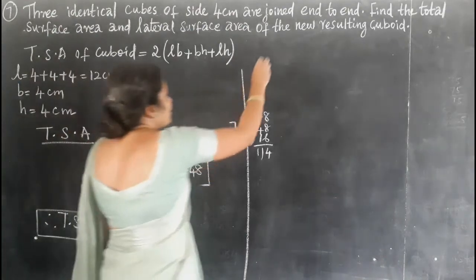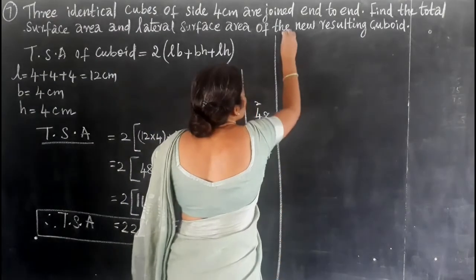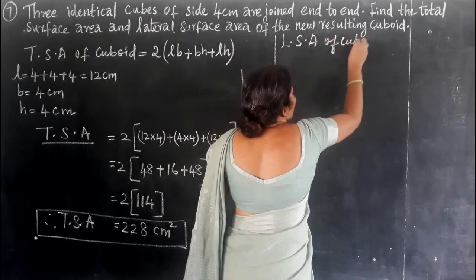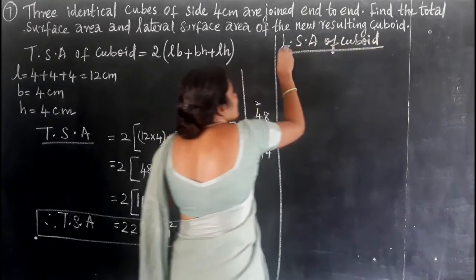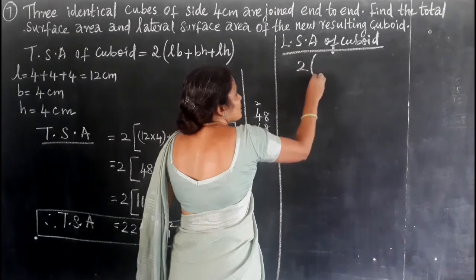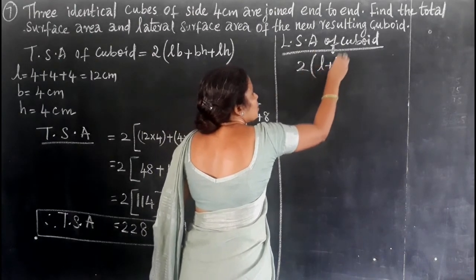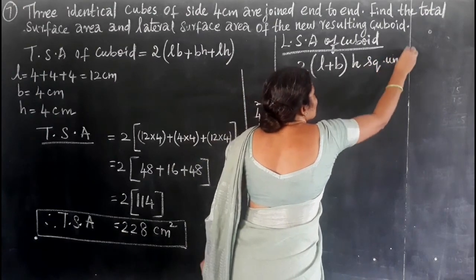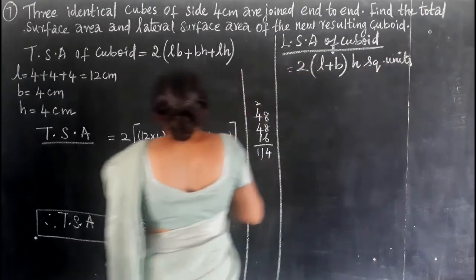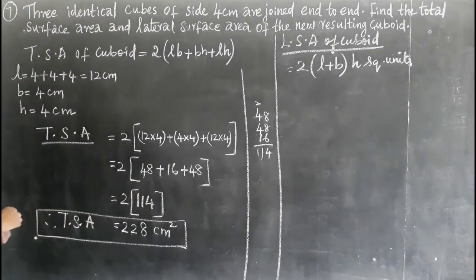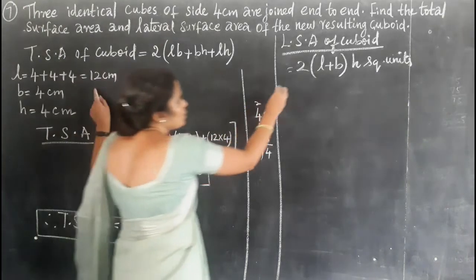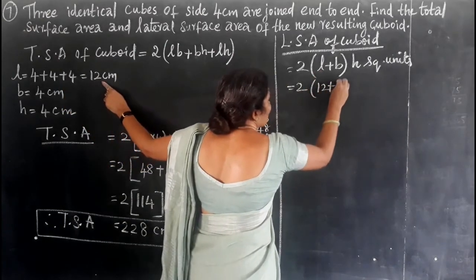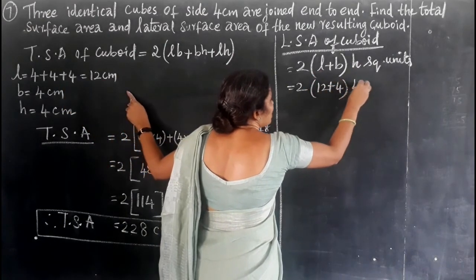Okay, and LSA of a cuboid is equal to 2 within bracket L plus B into H square units. Okay, now 2 into L, 12 plus breadth is equal to 4, H is equal to 4.